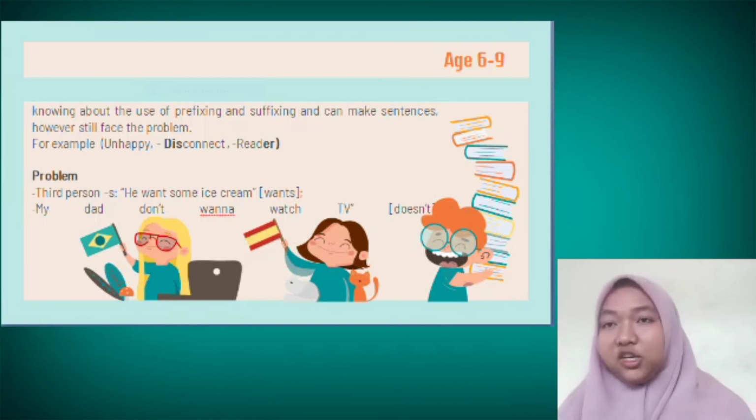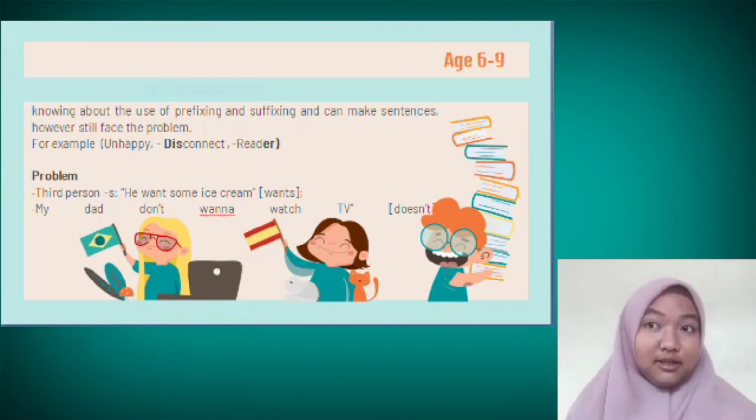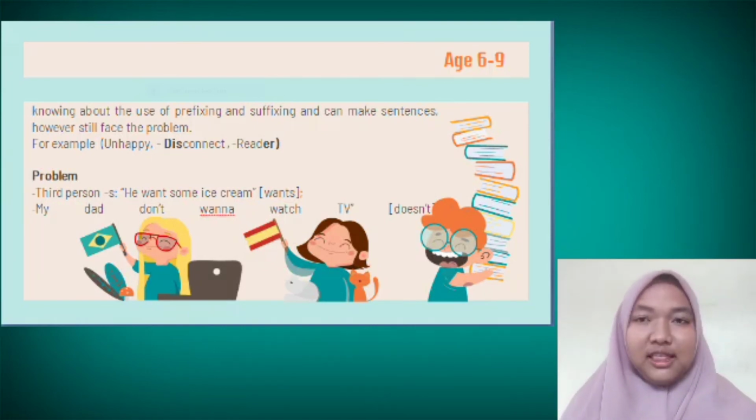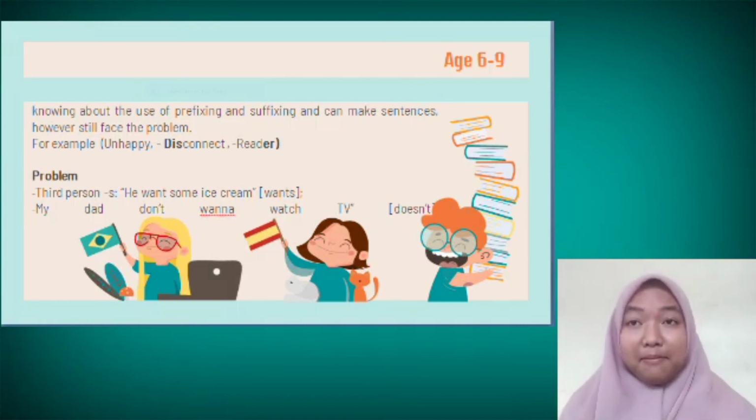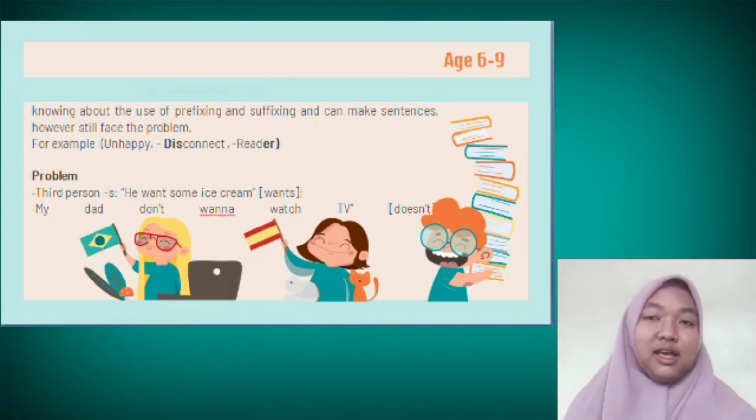And then another example here, my dad don't want to watch TV. It should be my dad doesn't want to watch TV.